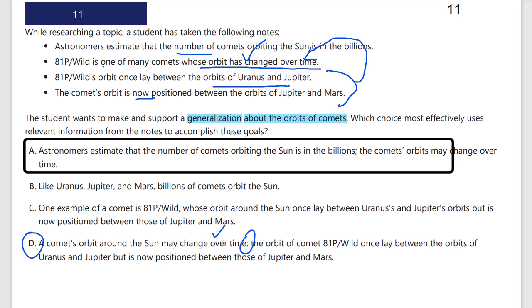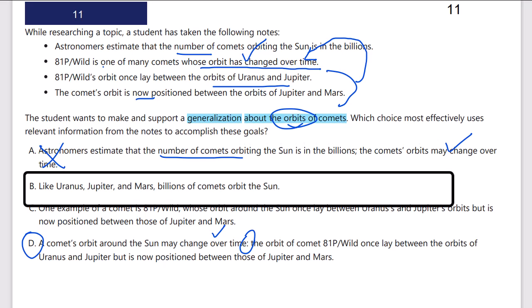Astronomers estimate the number of comets orbiting the sun. That isn't the number; it's not a generalization about the number. We want a generalization about the orbits of the comets. So that's not correct. The fact that they may change over time, that's correct, but the first part is not. Like Uranus, Jupiter, Mars, billions of comets orbit the sun. Okay, it doesn't matter that planets and comets orbit the sun.